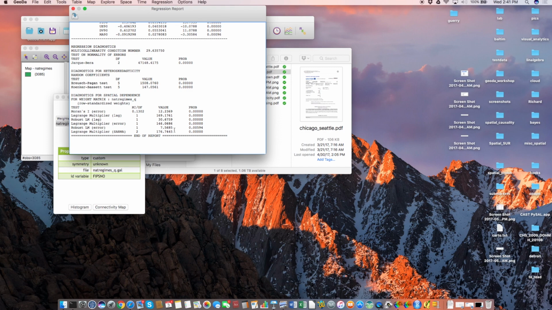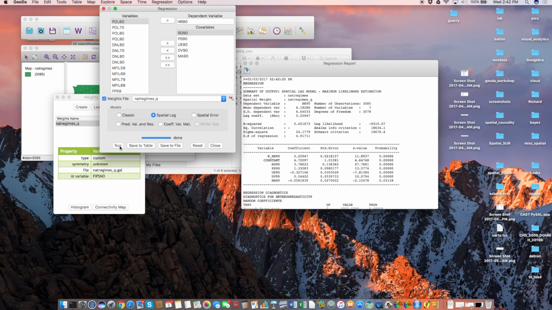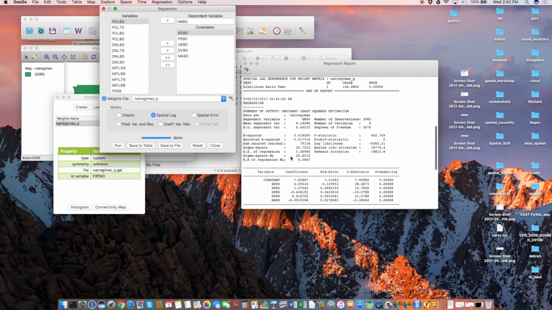So what do you do now? Well, if you follow the rule of thumb, and this is supported by a lot of different simulation evidence, if you go with a lag model, it will be the model that fits the data the best. But what you really should do is estimate both of them and then look at the relative fit. I think we did this last time. I don't remember, but we can do it very quickly here. We run the lag model, and here's our log likelihood, 9382.